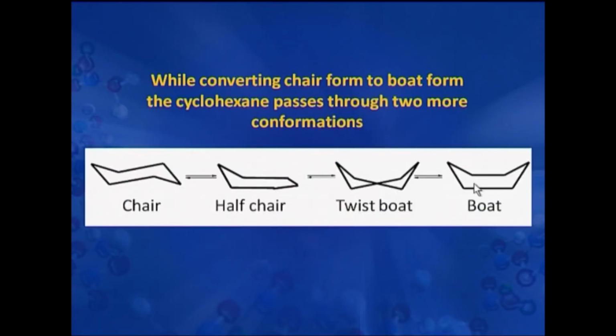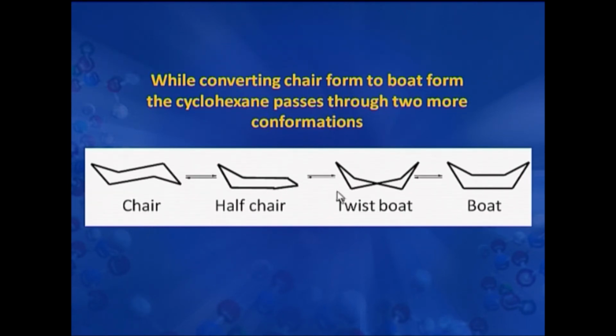Then while going from chair conformation to boat conformation, when the molecule is flipping, we get a situation that is known as half chair conformation and a twist boat conformation. Half chair conformation is the least stable one, because in this 5 carbons have come in one plane and there is a lot of angle strain in it.